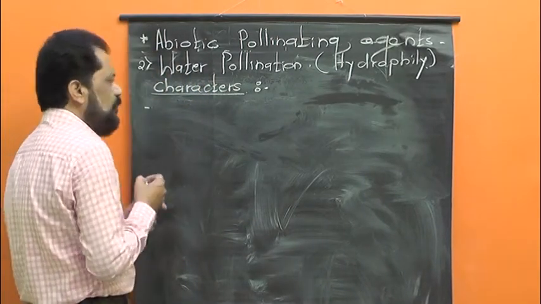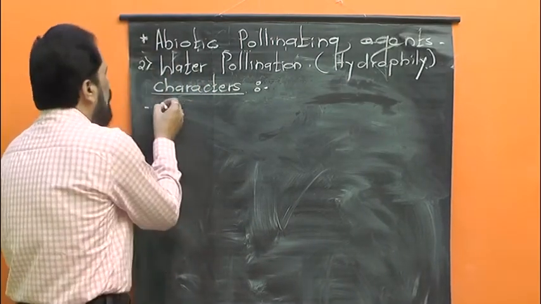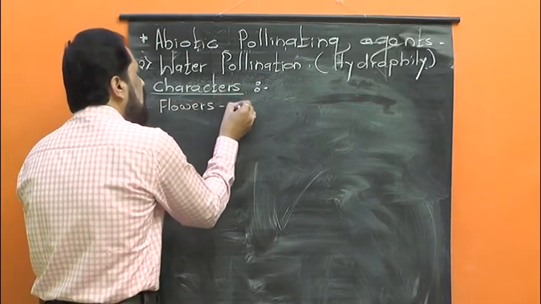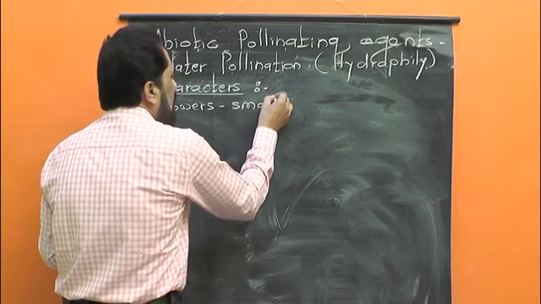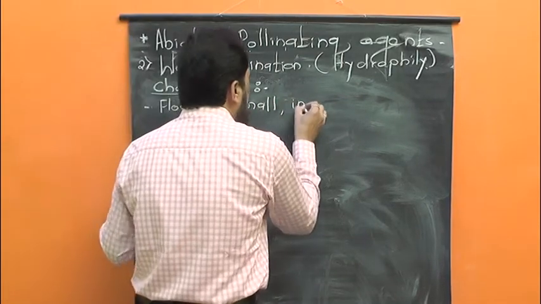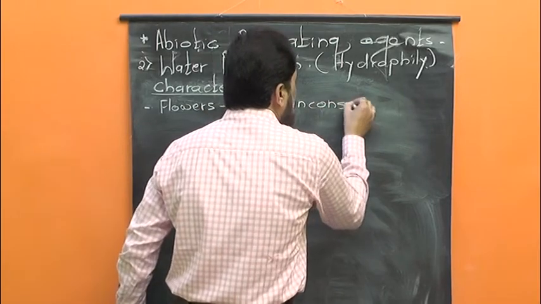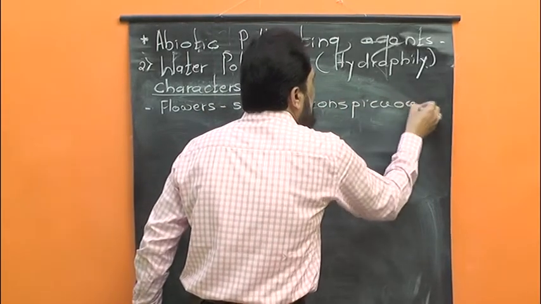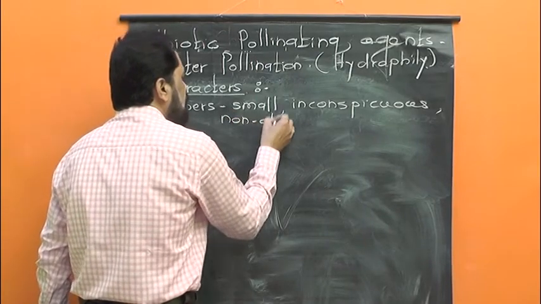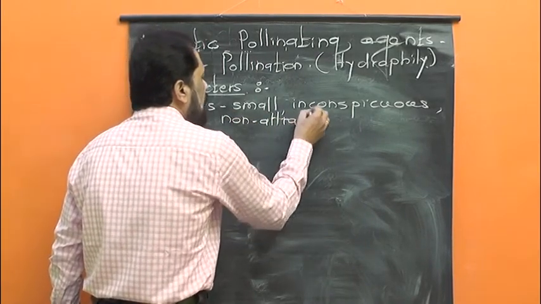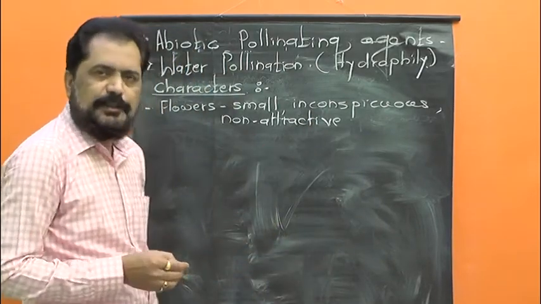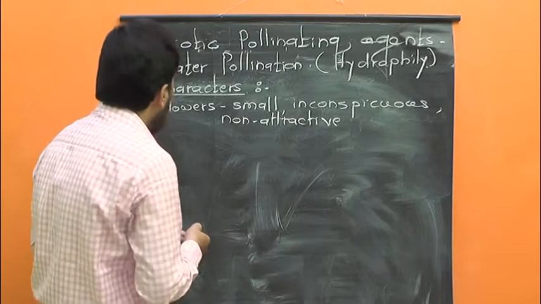Here, in hydrophily also, just like anemophily, the flowers are small, inconspicuous, non-attractive, colorless, odorless, nectarless.